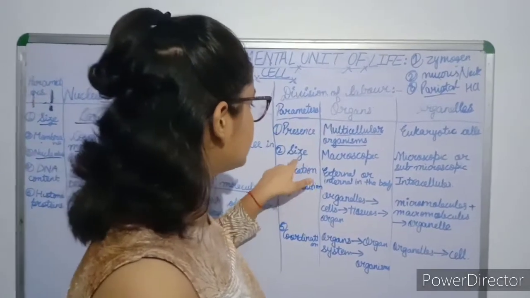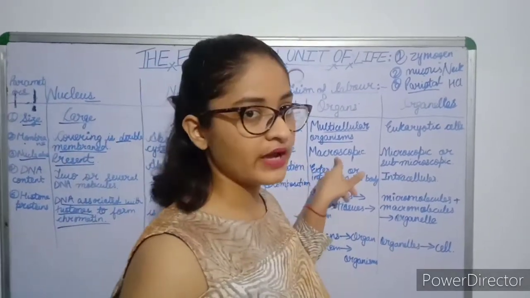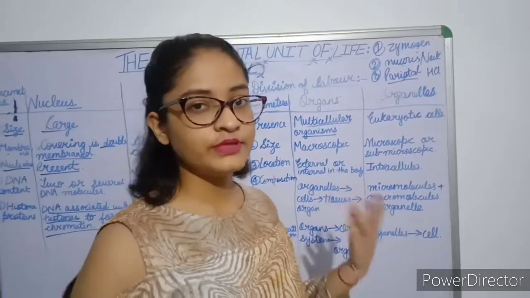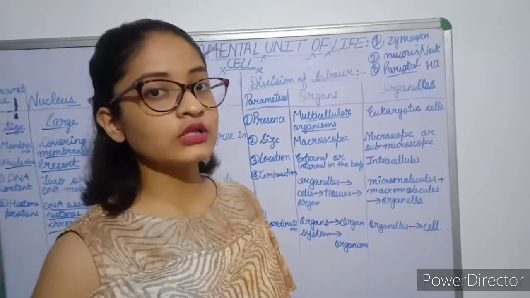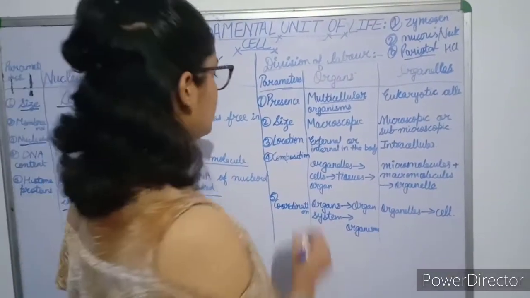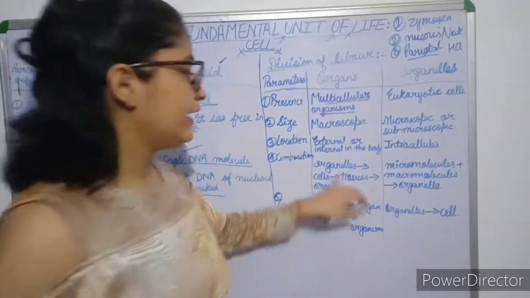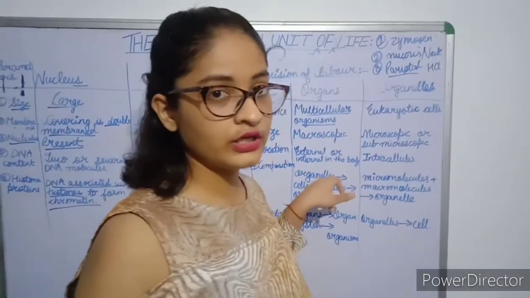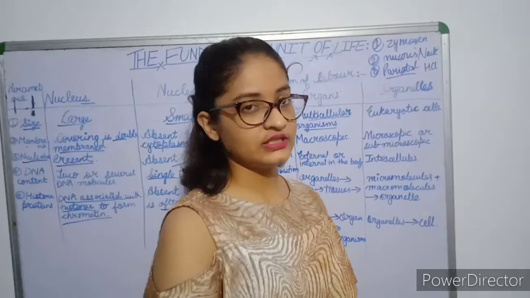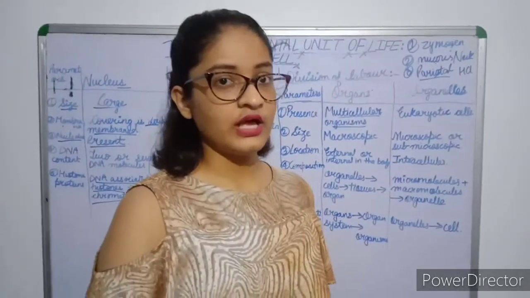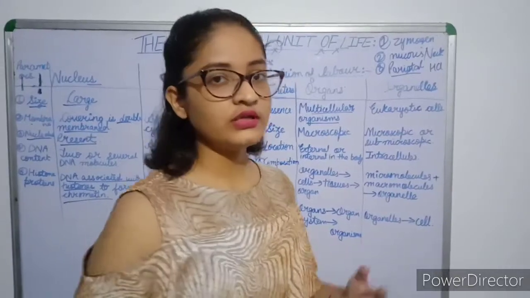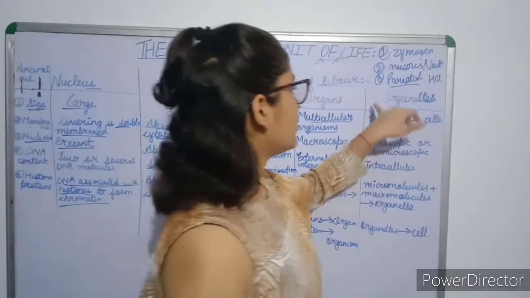Now the second parameter, size. An organ is macroscopic, which means it is large in size, and an organelle can be microscopic, very small in size, or submicroscopic, more minute than that. And location: an organ can be external or internal in the body, like skin. The largest organ in our body is external, and internal organs are the digestive glands, liver and other organs.